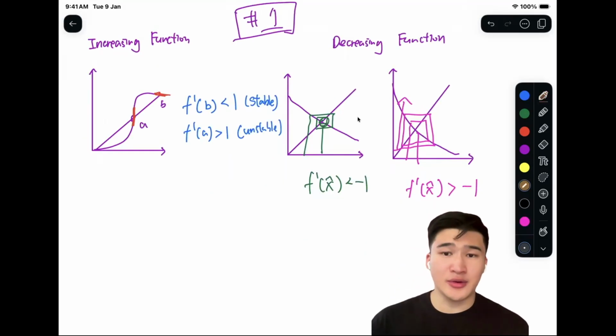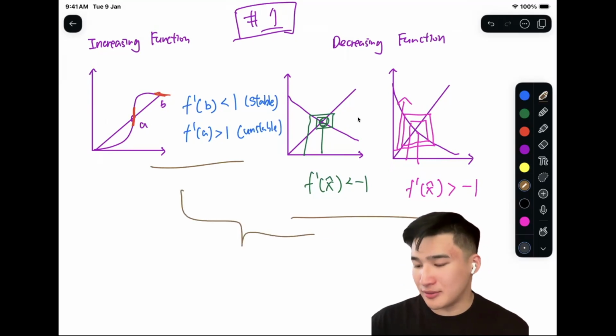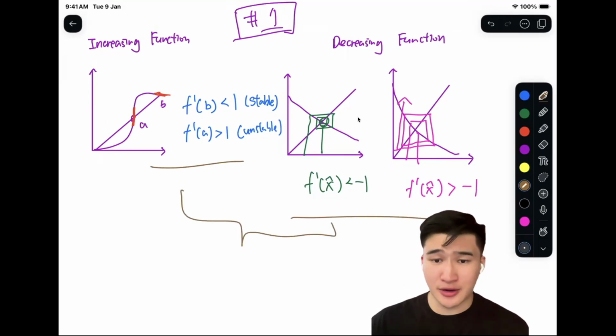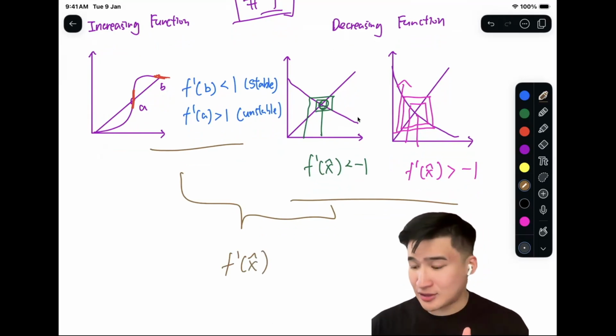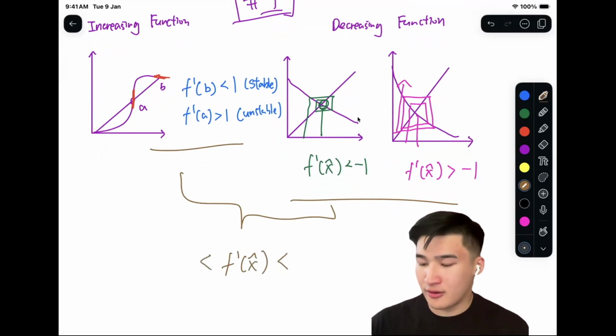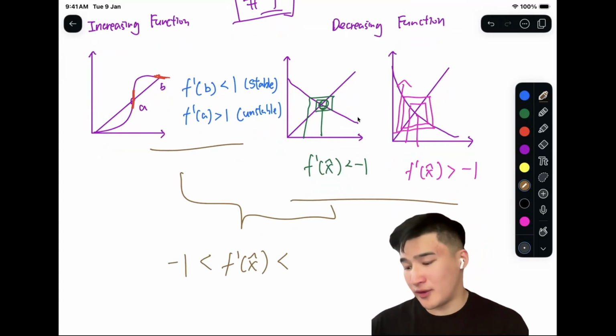So what we can do now is we understand we have this and this. We can actually combine them together. And by combining them, we find that our f prime of x hat has to be greater than -1 and it has to be smaller than 1.